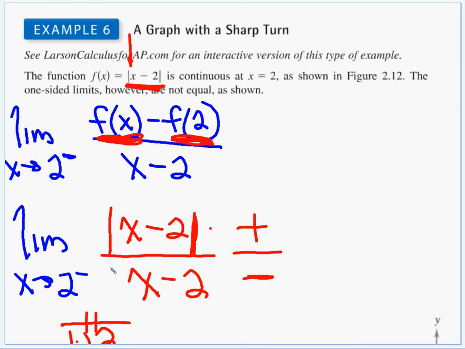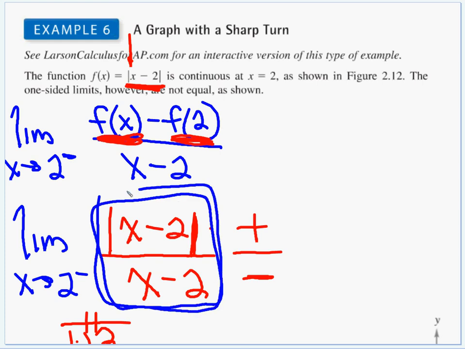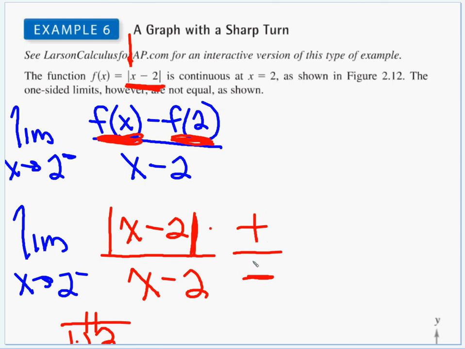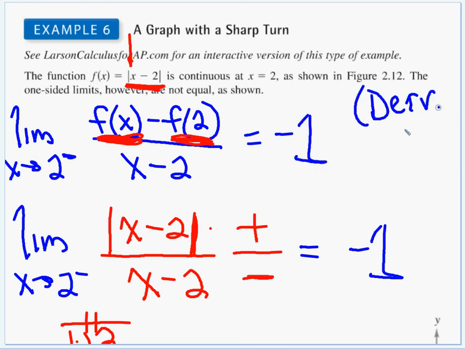Remember, this is something divided by its opposite, so it's always going to equal negative 1. Our numerator is positive, our denominator is negative, so this is negative 1. Our derivative from the left is negative 1.